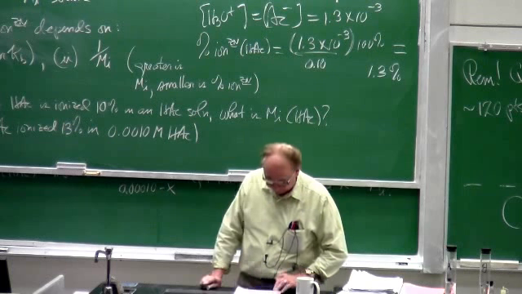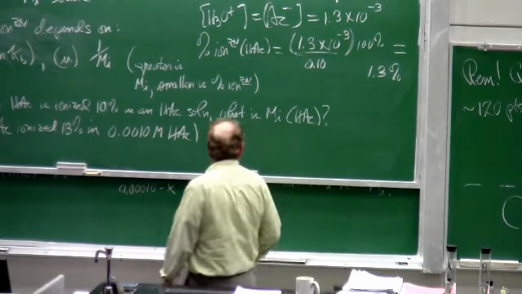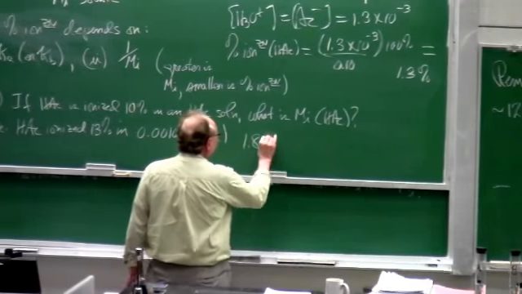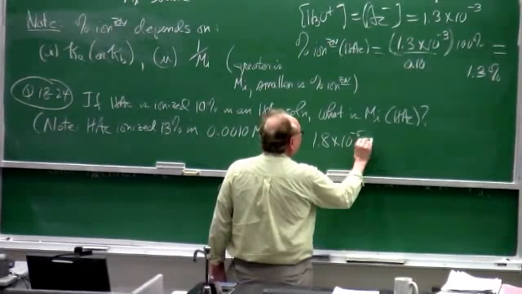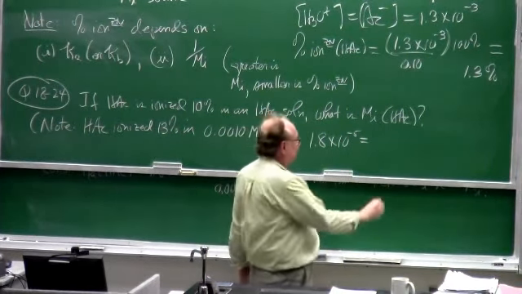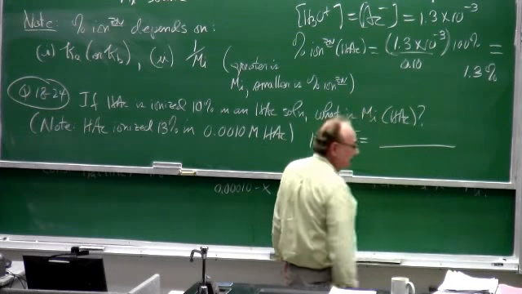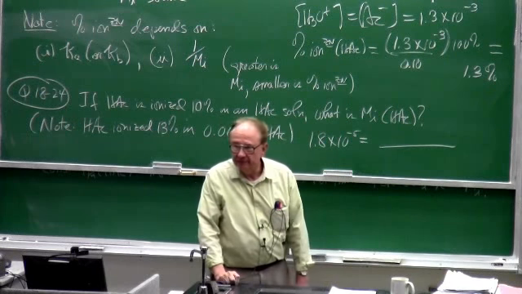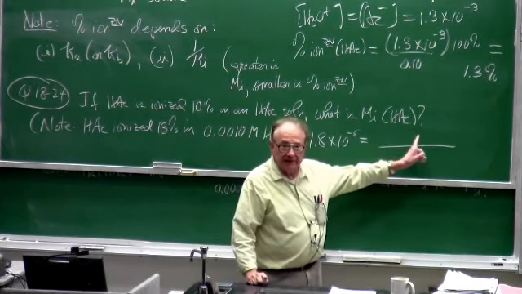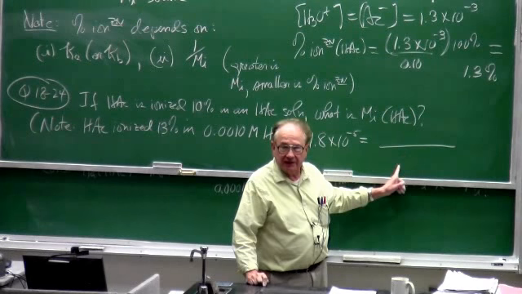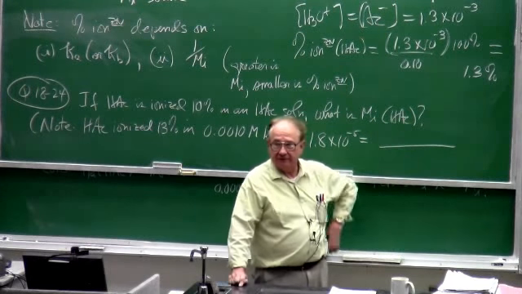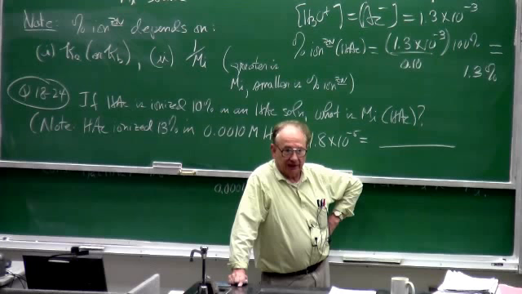Now then, there's Ka for acetic acid. Chemically, this is hydronium ion molarity times acetate ion molarity divided by acetic acid molarity, all equilibrium values. You know that.